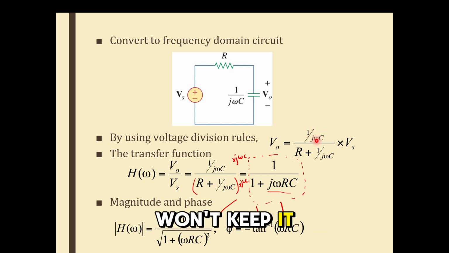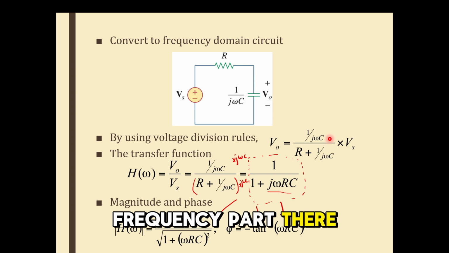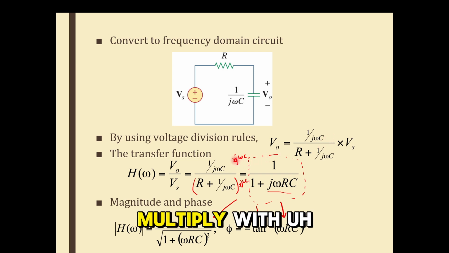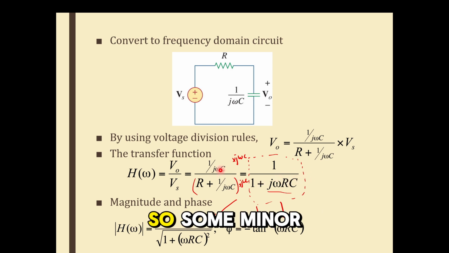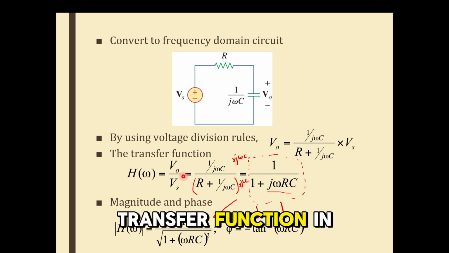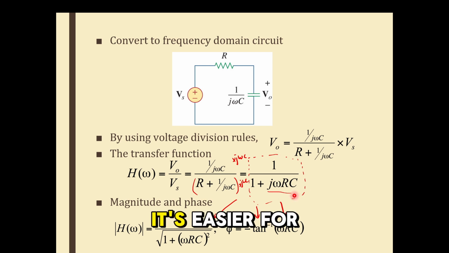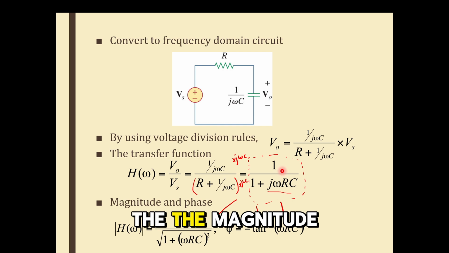We won't keep the frequency part there, so we will multiply by jωC to keep the jω only at the denominator. Some minor modification will be done, and after you have this H(ω) transfer function in this form, it's easier for you to calculate the magnitude and phase.